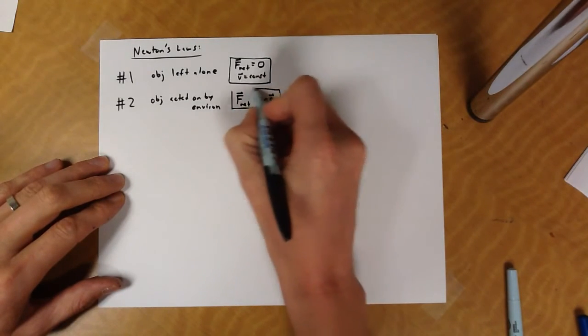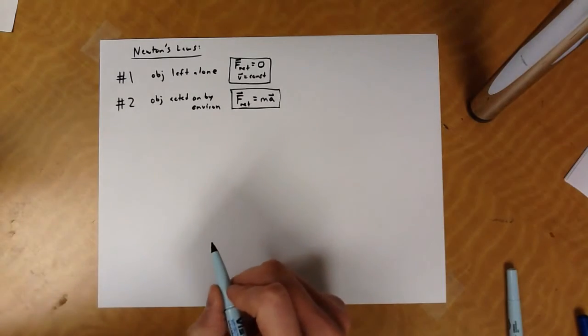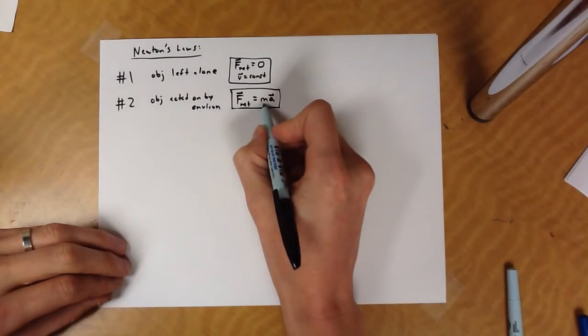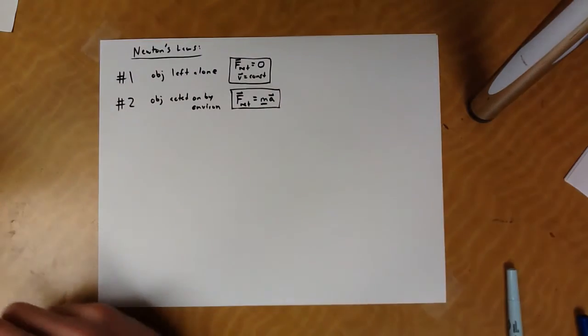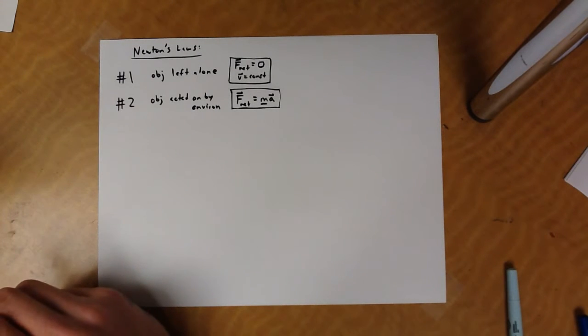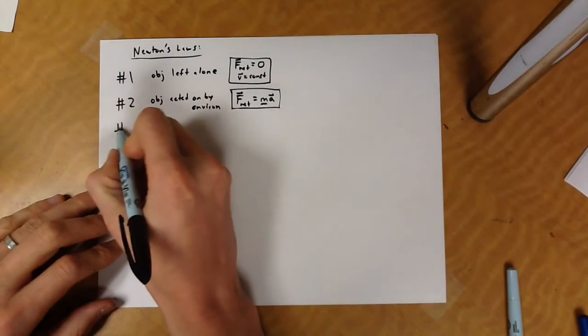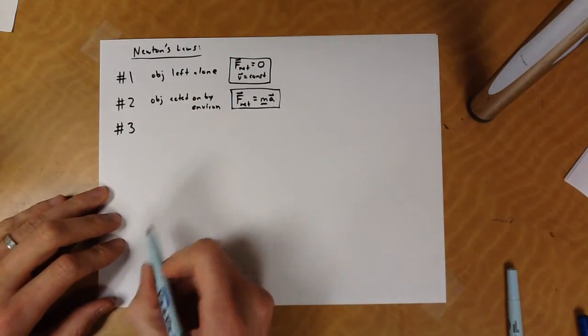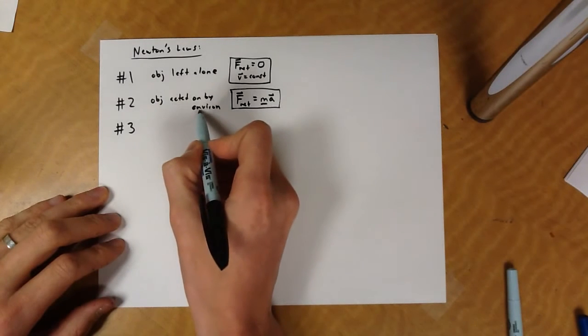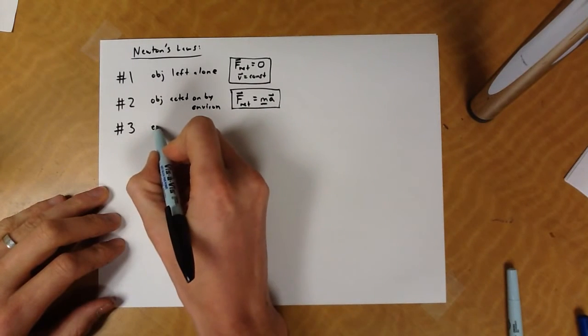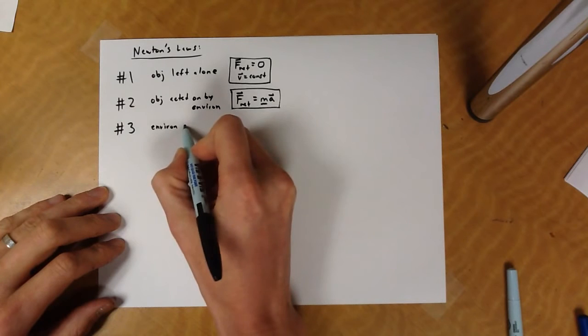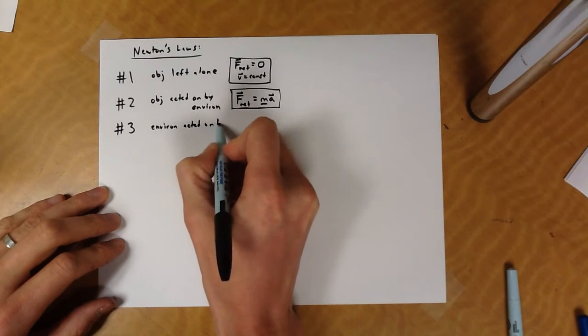So it will be forced to do something different, it'll accelerate, and the amount of acceleration it experiences, of course, is related to the inherent stubbornness of that object to change, and that's measured by mass. The third law says that an object cannot be acted upon by the environment without the environment being acted upon by the object.